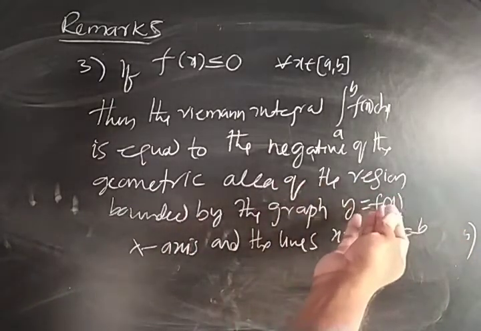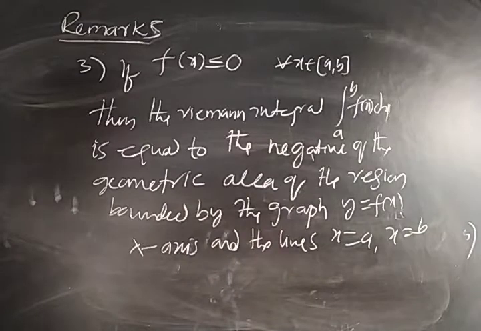So the area lies between the graph and the x-axis and the lines x equal to a, x equal to b.